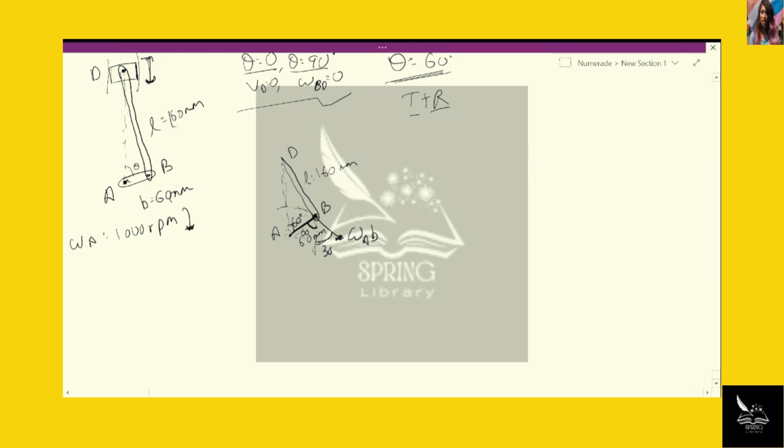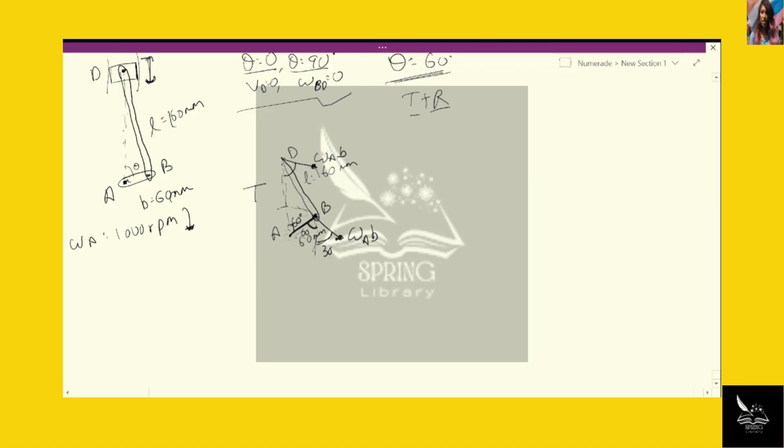Similarly at point D, at 30 degrees from vertical, we will have a velocity parallel. This will be omega AB. This is the translational velocity. That's why at all the points we have the same velocity.